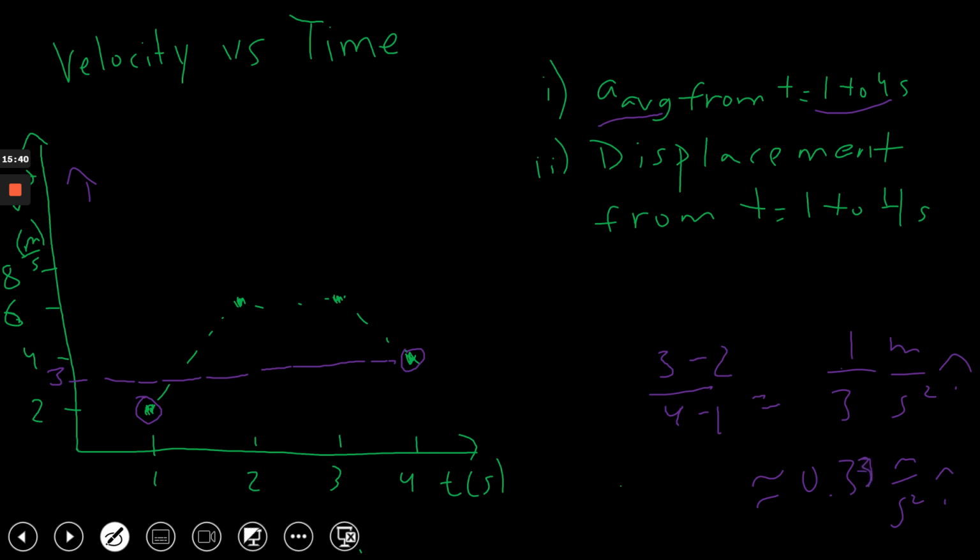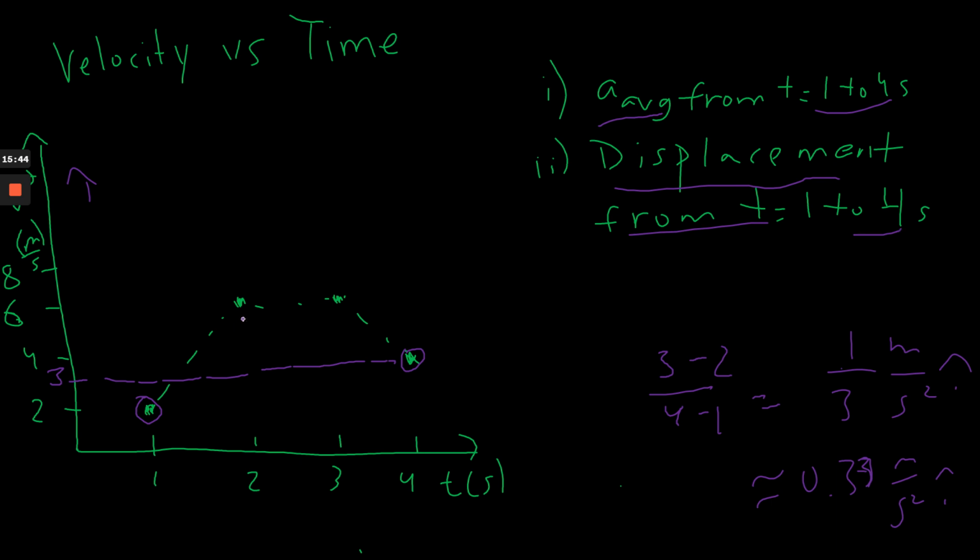All right, and then part B is displacement from t equals 1 to 4. The displacement on these graphs is found by calculating the area under the graph. Here I've divided it into some figures to geometrically assist you. Usually when you find the area under the graph, which you're sometimes asked to do, sometimes it's easy shapes, sometimes it's harder shapes.